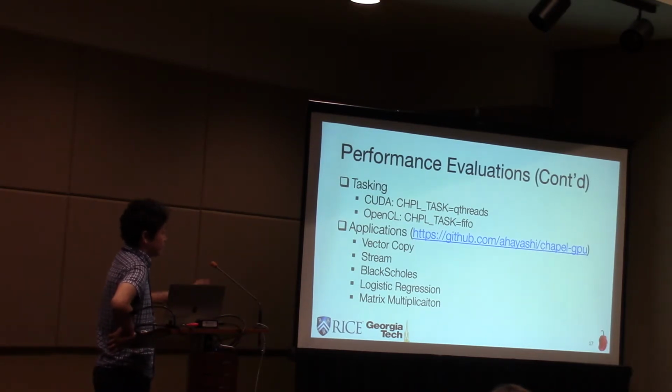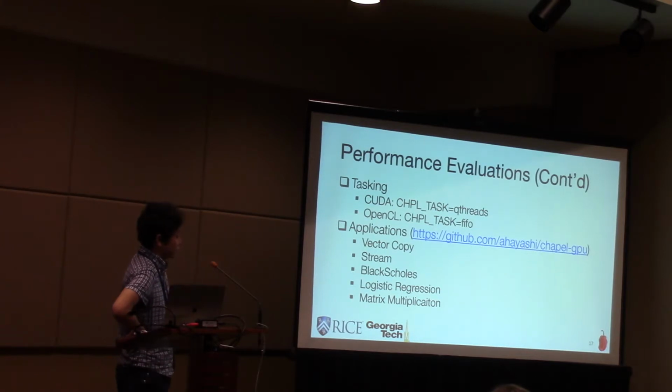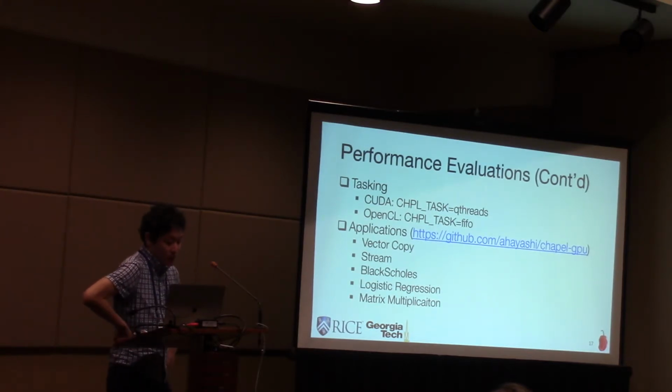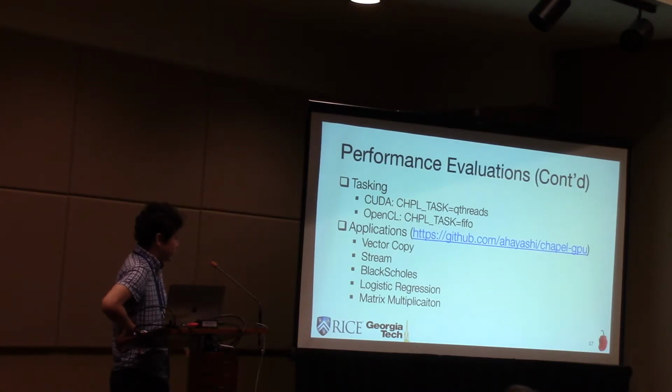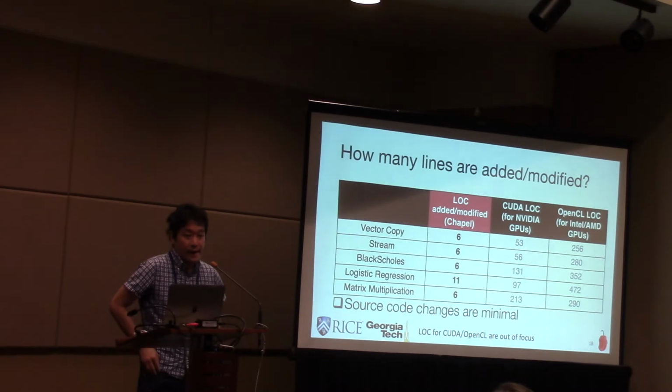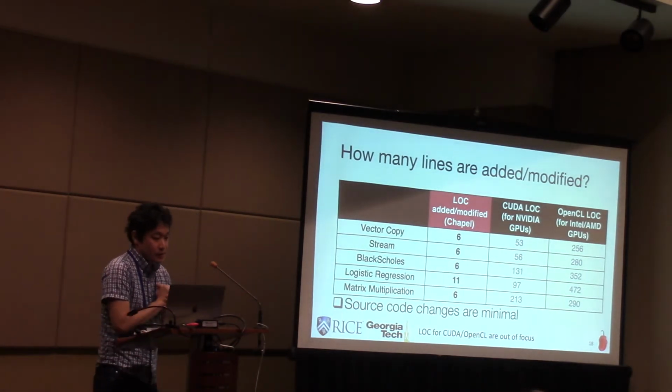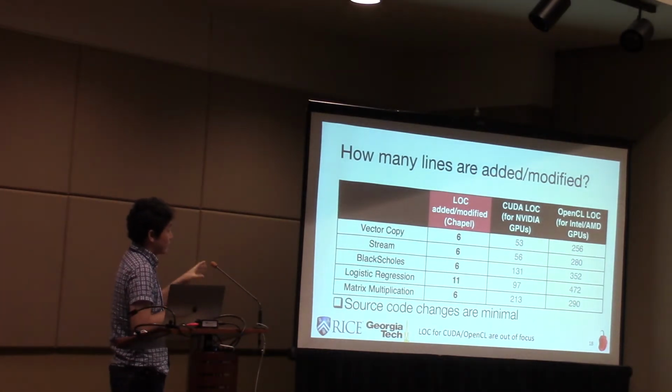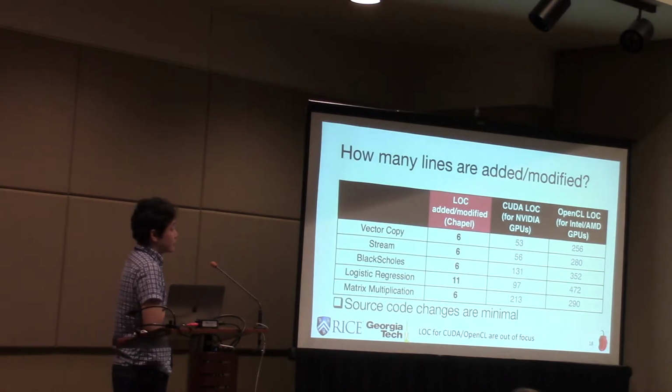And what I show here is a list of applications we use for this evaluation, basically numerical computation, and it includes some machine learning applications as well. Before we talk about the performance numbers, let me first talk about how many lines are modified and added. In Chapel code, the change is very minimal, as I mentioned earlier.